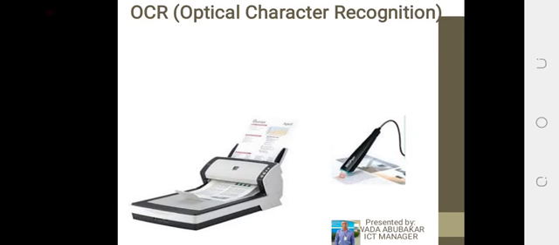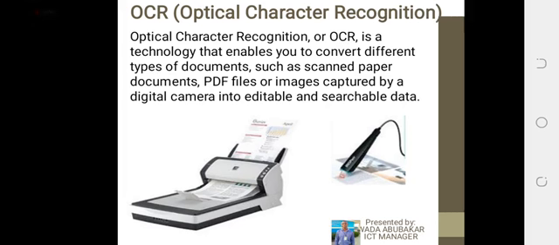So we'll now look at another input device known as the OCR. OCR here means optical character recognition. It's a technology or an input device that enables you to convert different types of documents, such as scanned paper documents, PDF files, and images captured by a digital camera, into editable and searchable data.